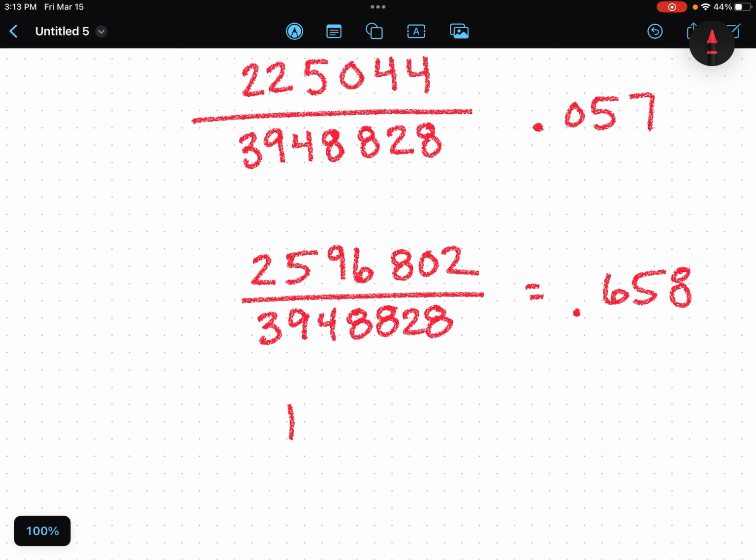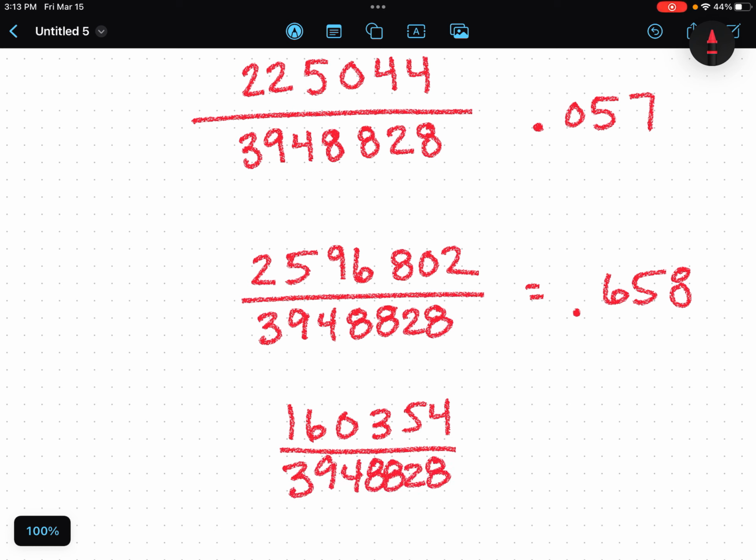That number was 160,354 out of this many births for the year. So I don't necessarily need to use the formula because of the way that this table is set up. Okay, and I end up with 0.041.